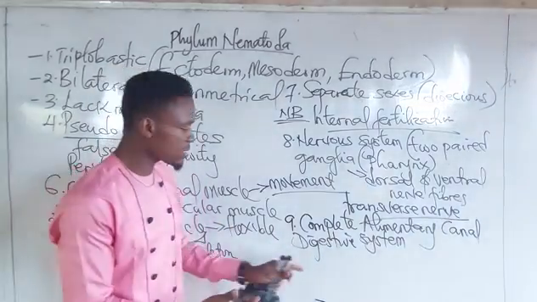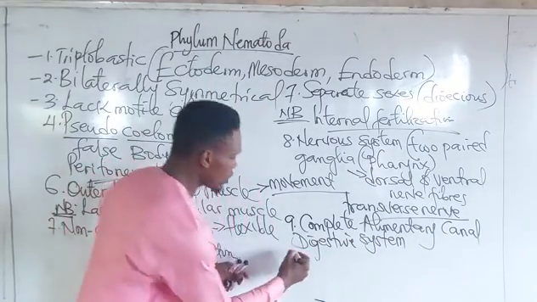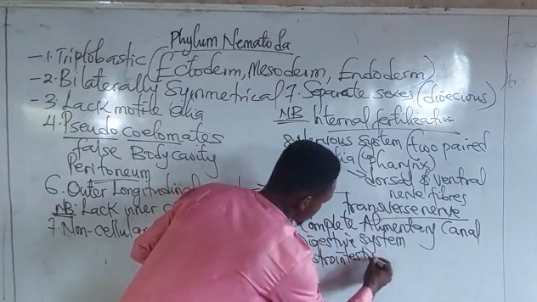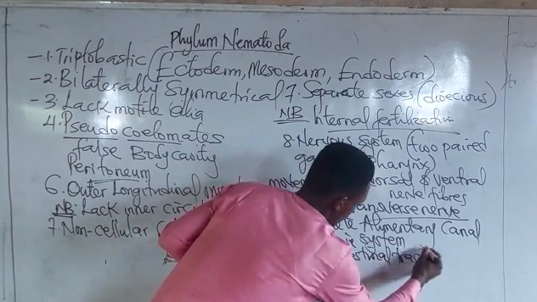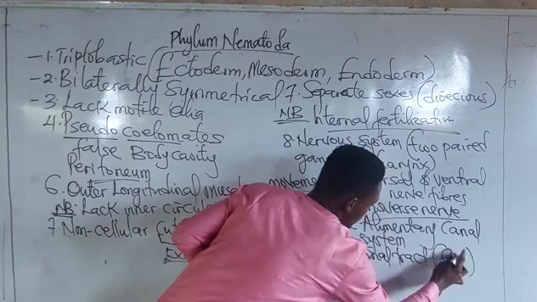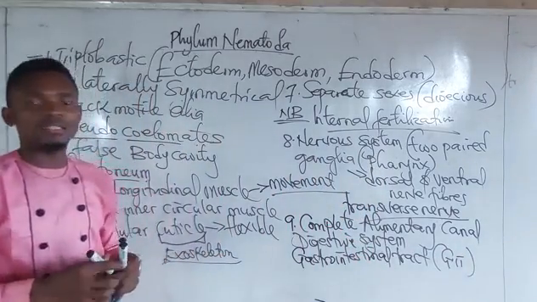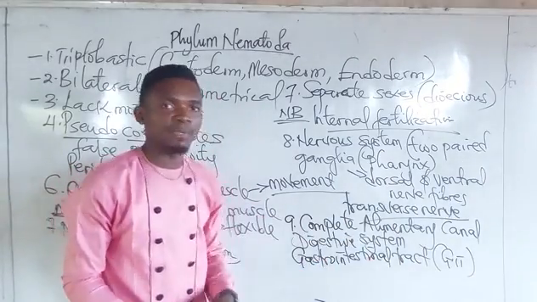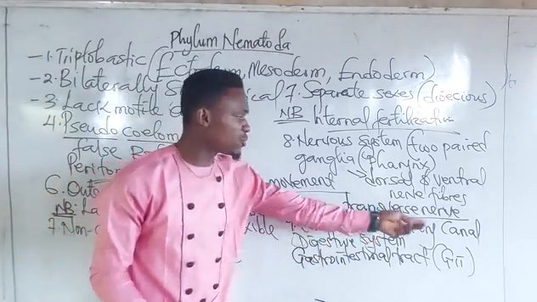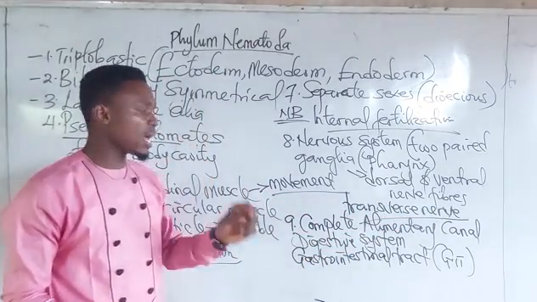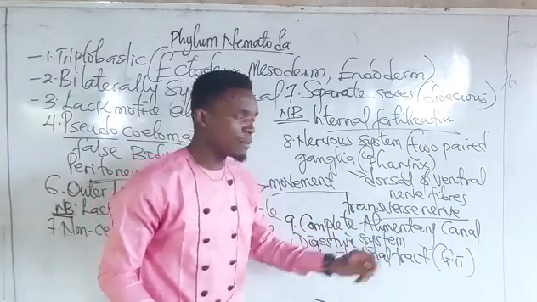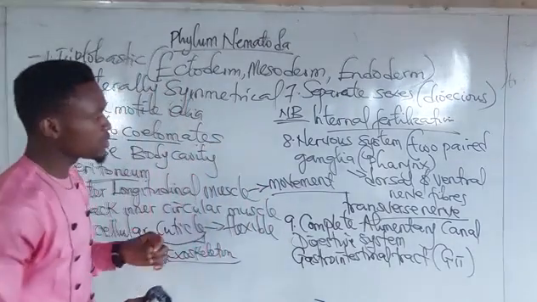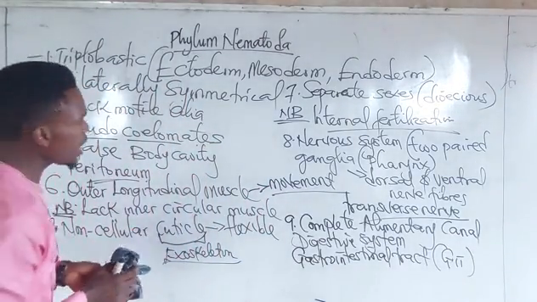If I don't call it digestive system, I'll call it gastrointestinal tract. So I'll use GIT. Alright, GIT, called gastrointestinal tract, is also called digestive system, is also called what? Alimentary canal. For an organism to have a complete digestive system, it means such organism possesses the mouth and what? Anus. It possesses the mouth and what? Anus.